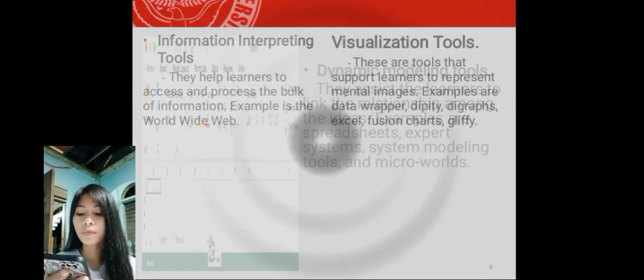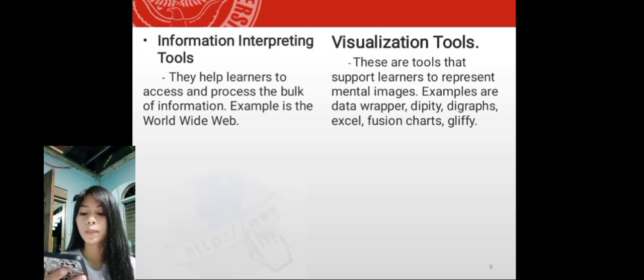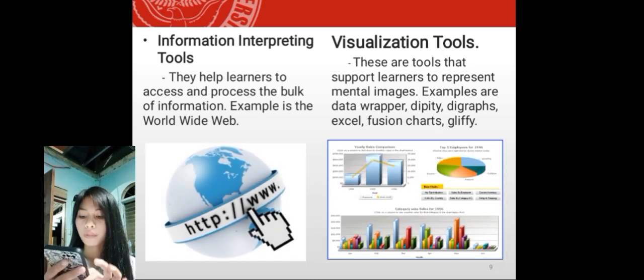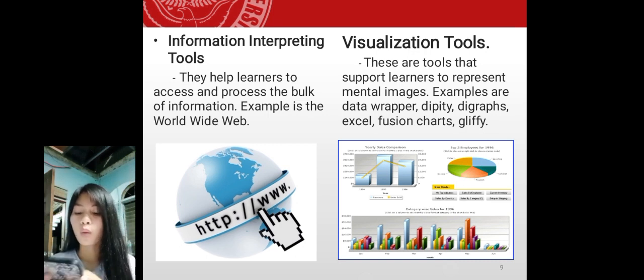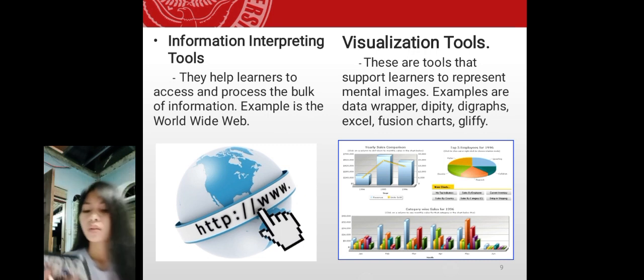Number three is information interpreting tools. The information interpreting tools help the learners to access and process the information. An example of this tool is the World Wide Web.